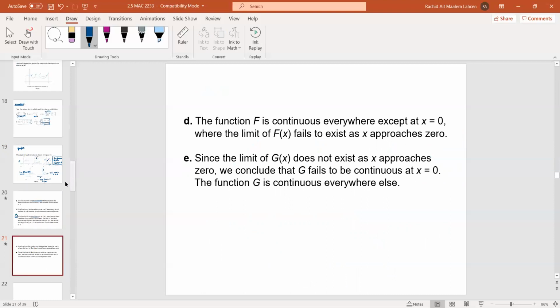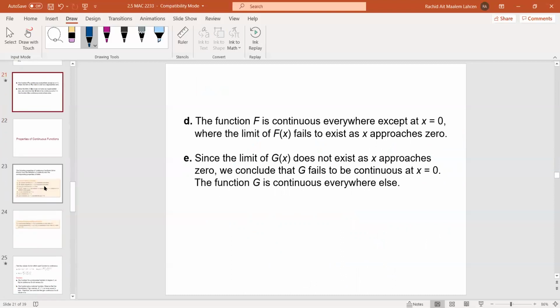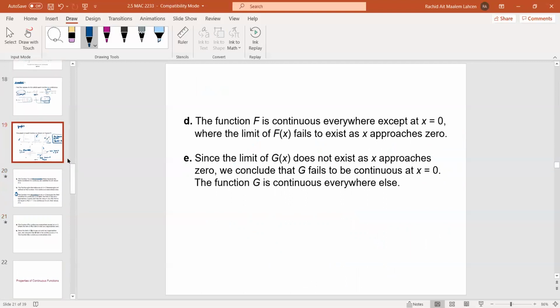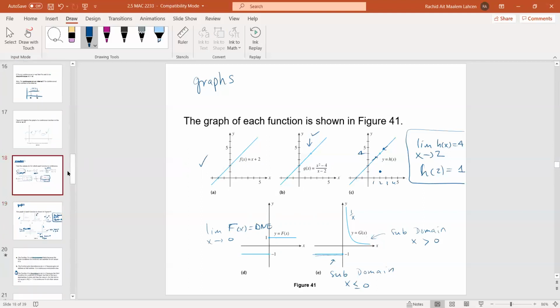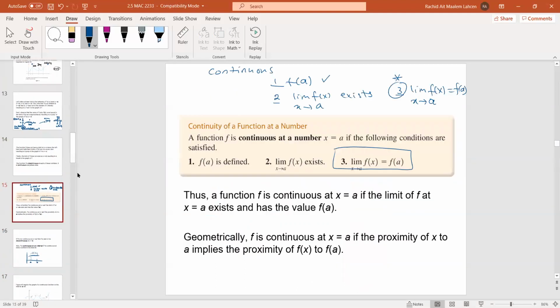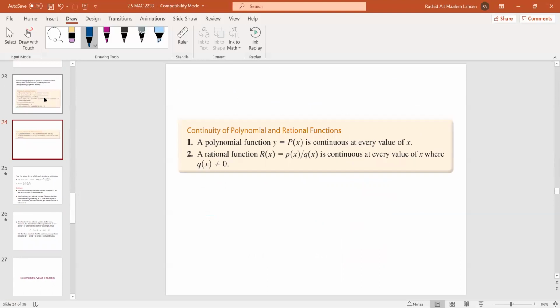So keep in mind the 3 conditions for it to be continuous. And this is a nice example with different graphs. If the limit does not exist and it breaks that, that becomes easy to figure out. f of a has to be defined; if it's not defined there at all, then it's not continuous, like that example. And of course, this one where the limit exists, however, it's not the same as the expected value.